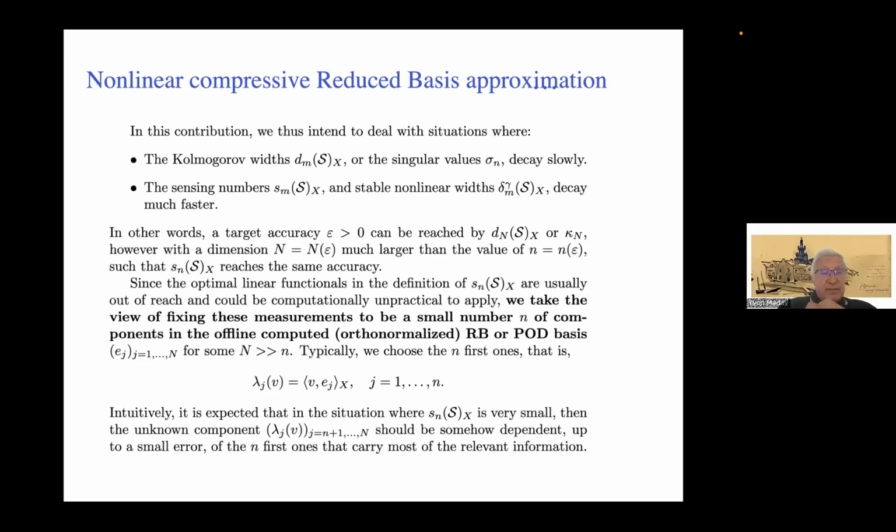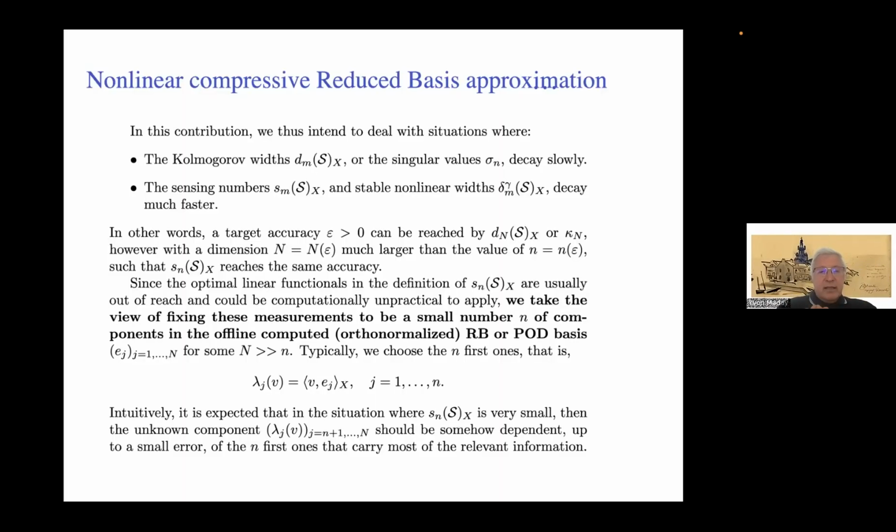But we say that the coefficients are not all independent, they are not all degrees of freedom. Only the first ones are degrees of freedom, the last ones are not, and can be recovered from the first ones.